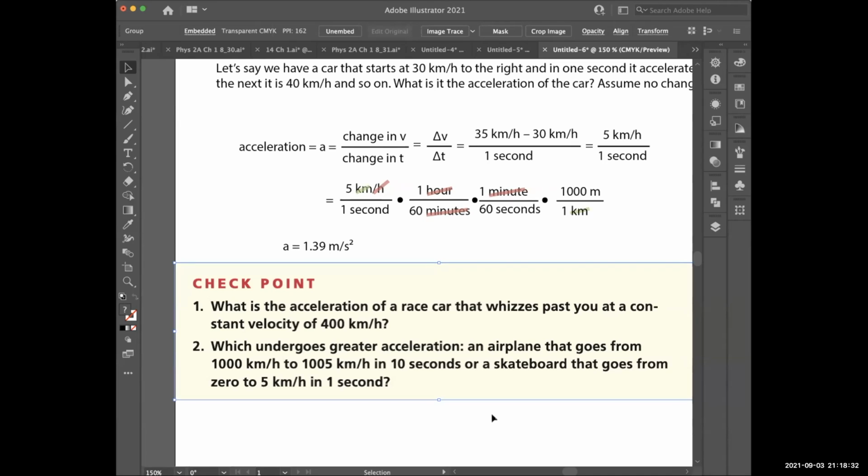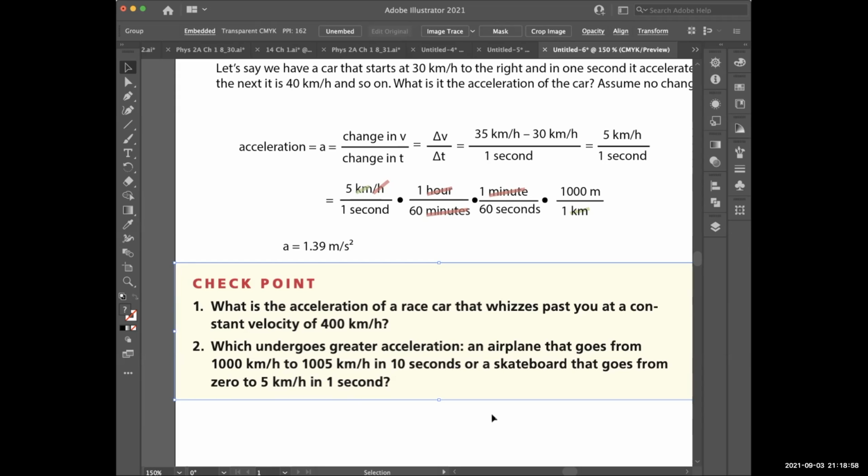All right. Second question. Which undergoes a greater acceleration? An airplane that goes from 1,000 kilometers per hour to 1,005 kilometers per hour in 10 seconds, or a skateboard that goes from 0 to 5 kilometers per hour in 1 second? The skateboard. Why?